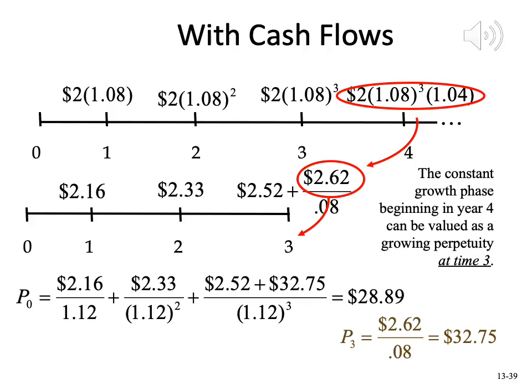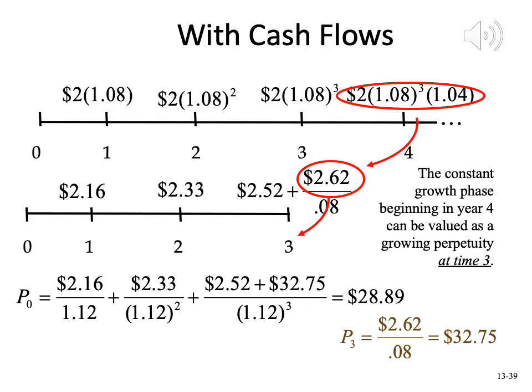So at period 1, the only cash flow is D1, $2.16 discounted at 1 plus 12%. Second cash flow, D2, $2.33 divided by 1 plus 12% squared. Plus, in year 3, we have 2 cash flows. One is D3, $2.52.